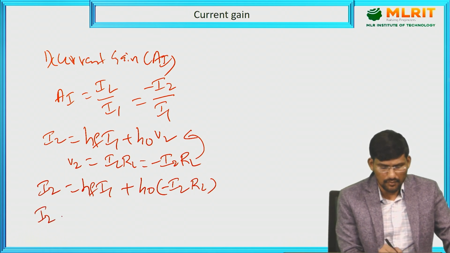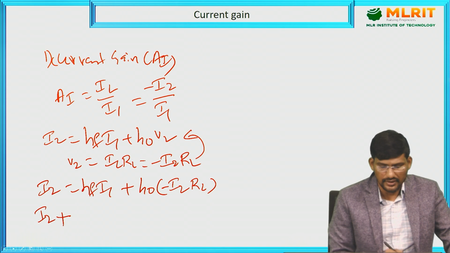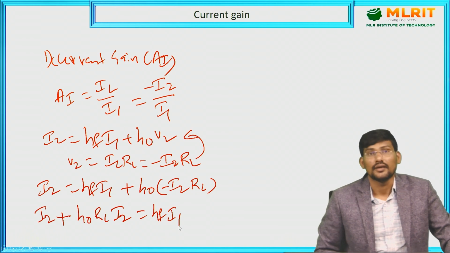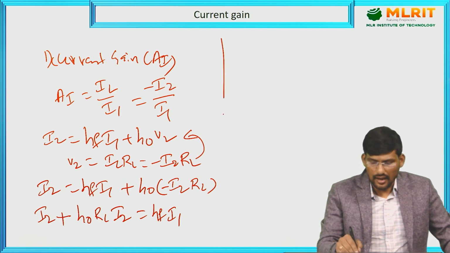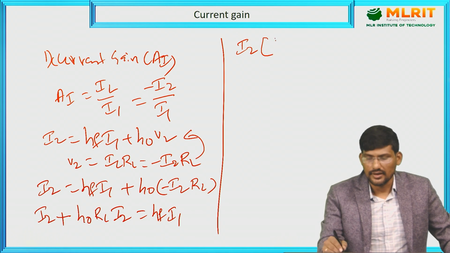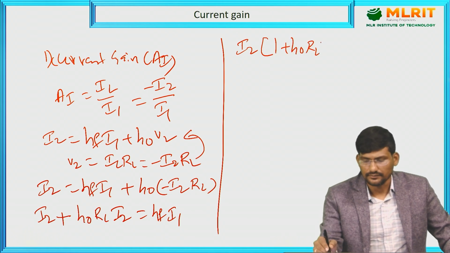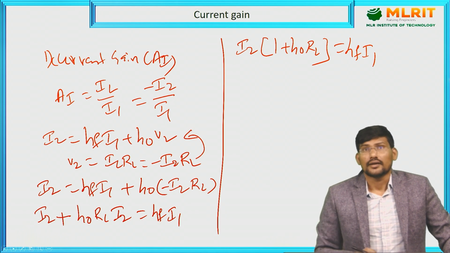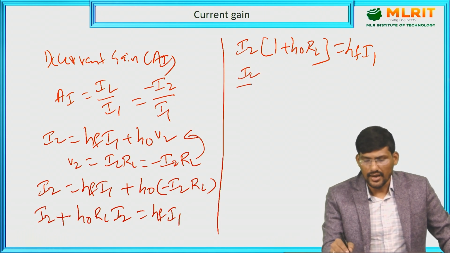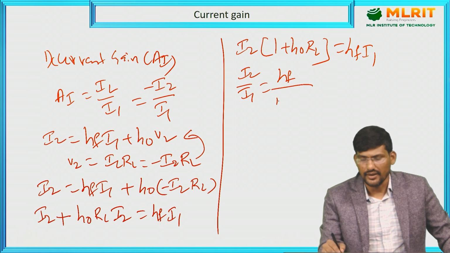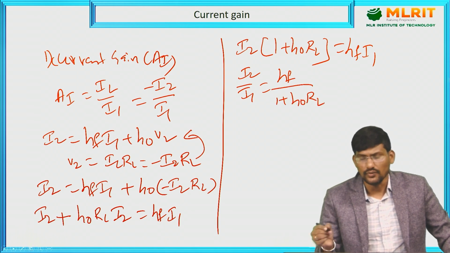So I2 plus H0 RL I2 is equal to HF I1. Taking I2 common, it becomes I2 into 1 plus H0 into RL is equal to HF I1. Now we take the ratio of I2 by I1: I2 by I1 is equal to HF divided by 1 plus H0 into RL.